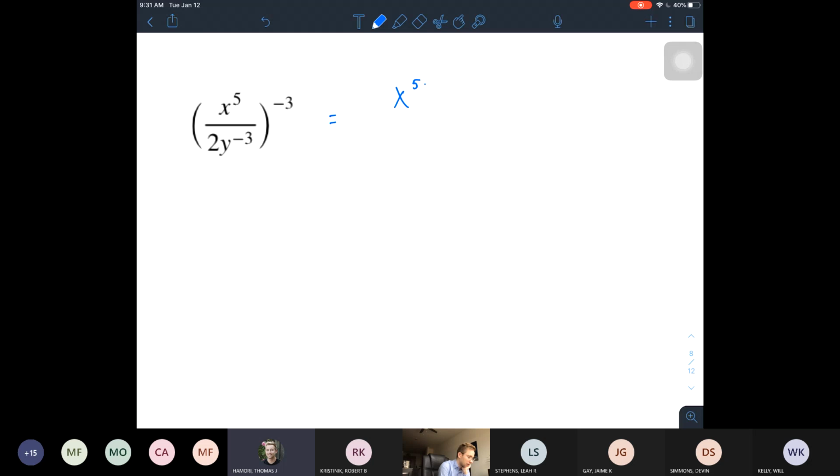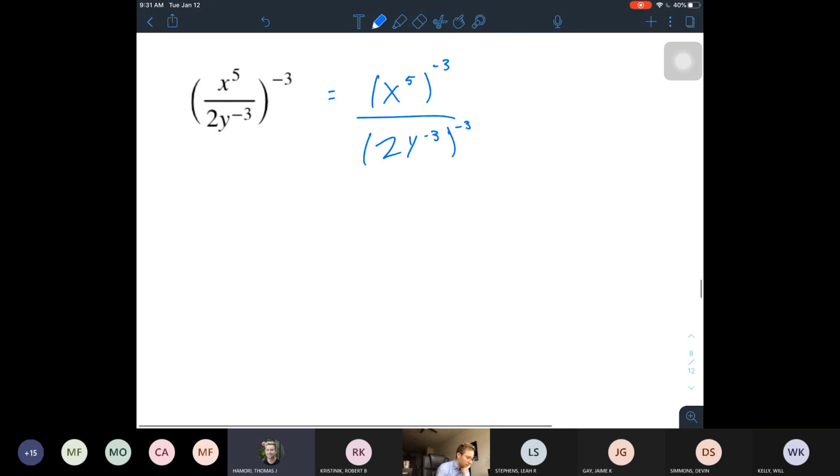So it'll be 5 times -3. Why don't we actually take even one further step back? We'll distribute the power. We'll get x to the 5th to the power -3, and we'll divide that by 2y to the -3, and we should keep this in parentheses, and we'll take that whole thing to the -3 power as well.